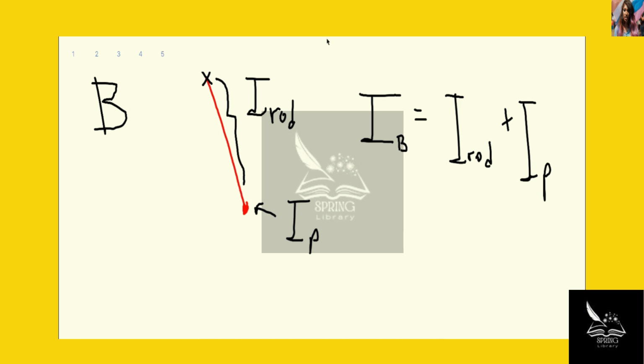It's important to remind you that the moments of inertia have to be measured from the same axis of rotation. So each of these is given in reference to an axis of rotation that's right here. So the only way to get this result to separate into these two parts is to consider the axis of rotation at the end of the rod, first of all, and for the point, it'll have to be from a distance L away.